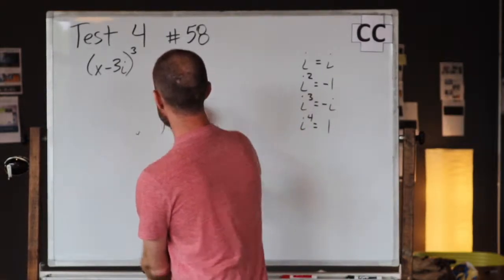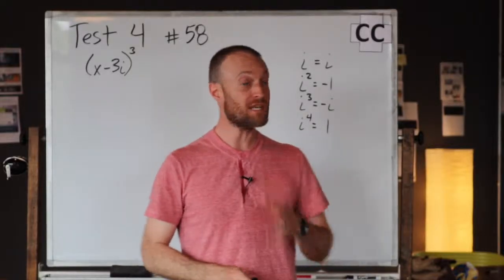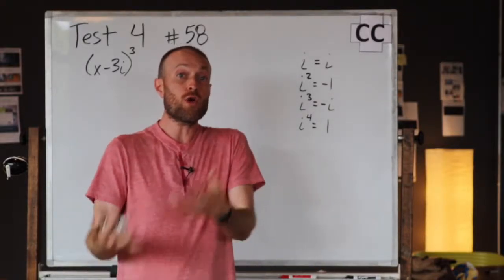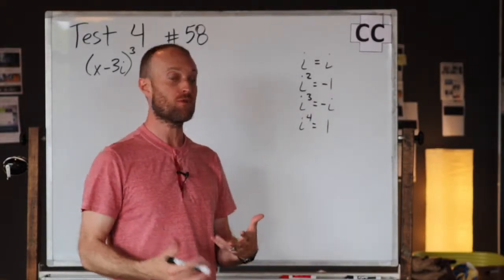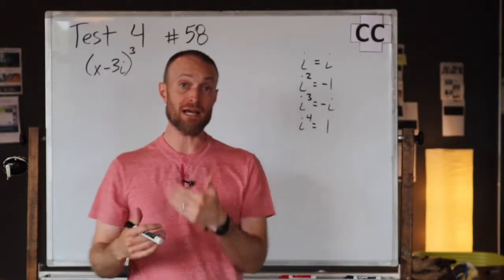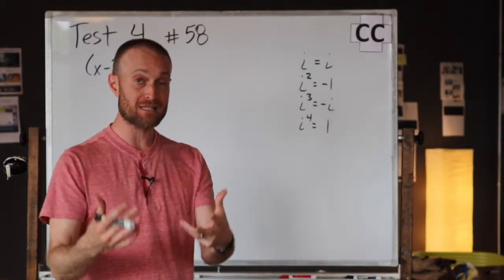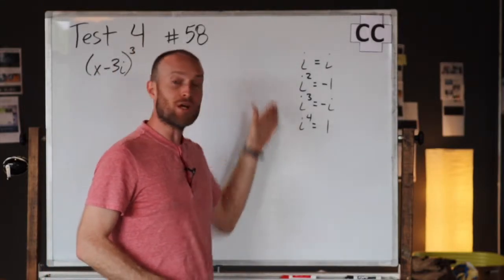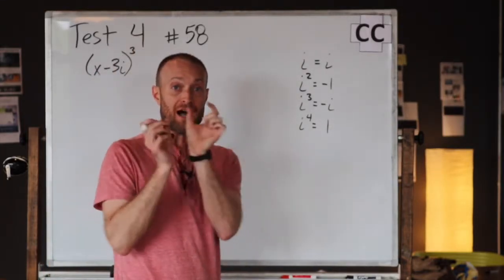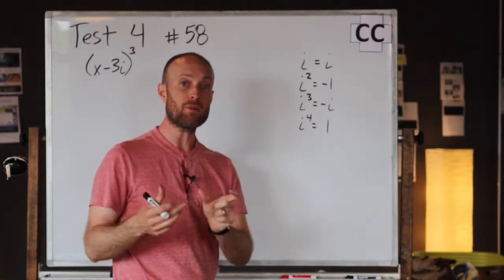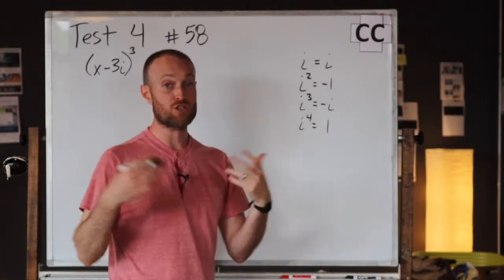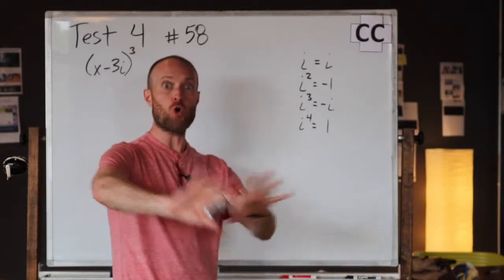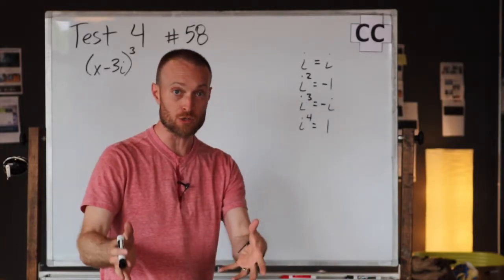All right? So as we look at this, first thing you need to understand is a quick reminder of imaginary numbers. As we multiply this binomial by itself 3 times because it's being cubed, you're going to run into situations where you have i being the imaginary number. i represents the square root of -1. That's a whole lesson that we're not going to get into.